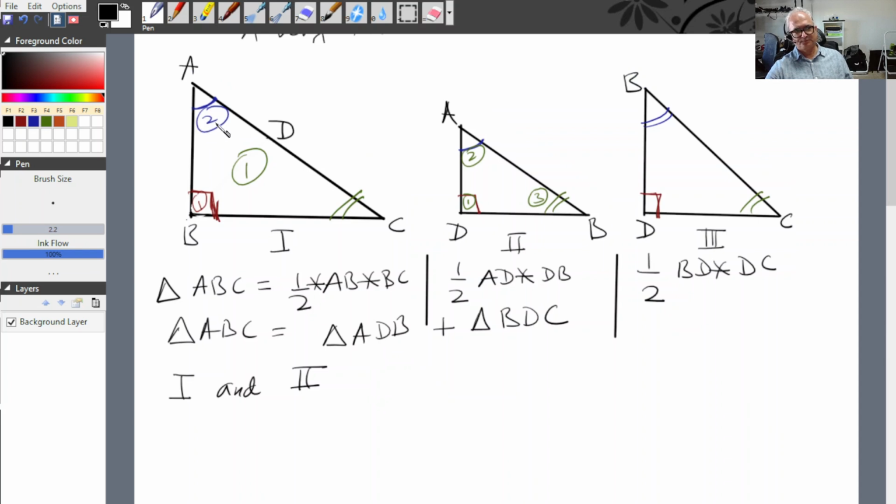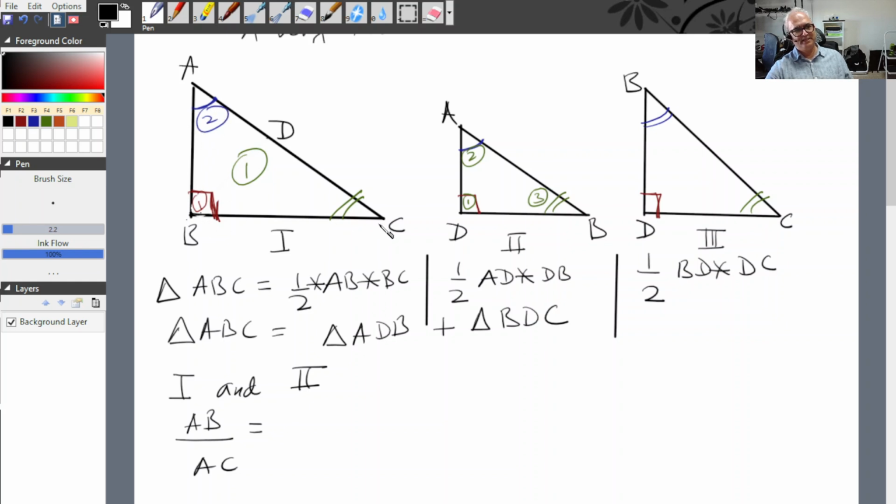So AC in triangle 1 is opposite of 90 degrees, and AB is opposite of the right angle. So I can safely say AB divided by AC will be equal to, now let's look at opposite of angle 2.